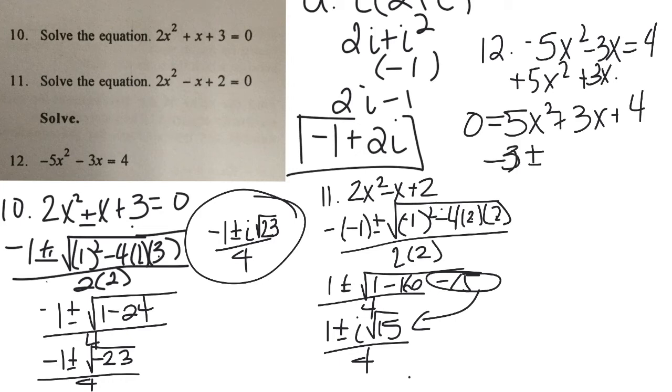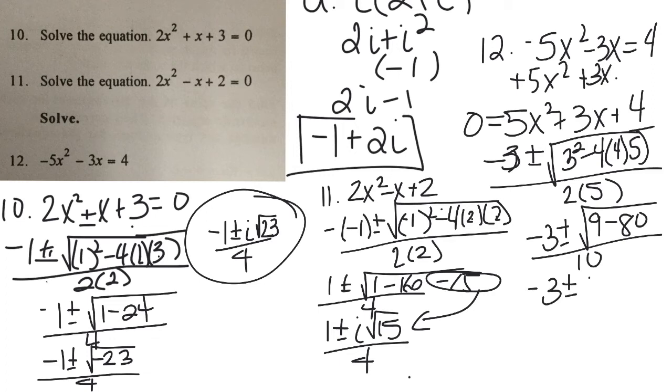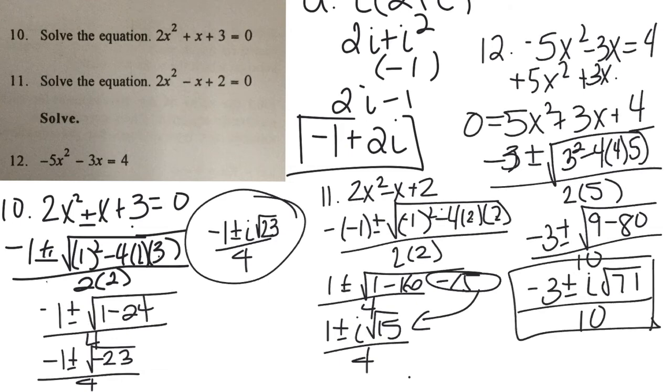Once again, negative 3 plus or minus the square root of 3 squared minus 4 times 5 times 4, over 2 times 5. So negative 3 plus or minus the square root of 9 minus 80, because 16 times 5 is 80, divided by 10, negative 3 plus or minus i square root 71 over 10. I'm just skipping the step where I write negative 71 under the radical, because when it's negative, the i has to come outside.